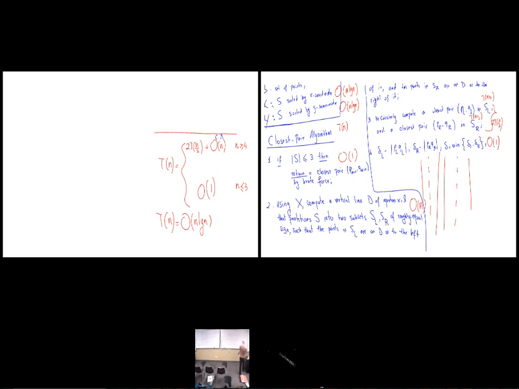Is this possible? So let's say you have 2 points here, right? They have the same x. Let's say this is y1. And here they're not equal.